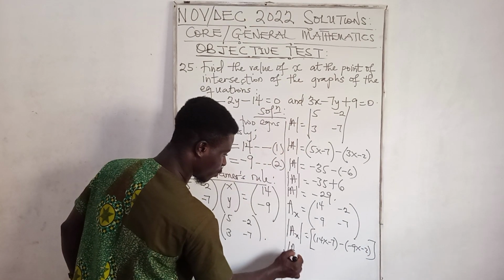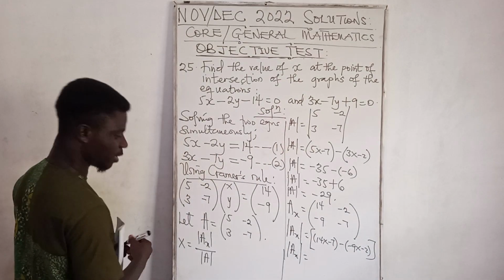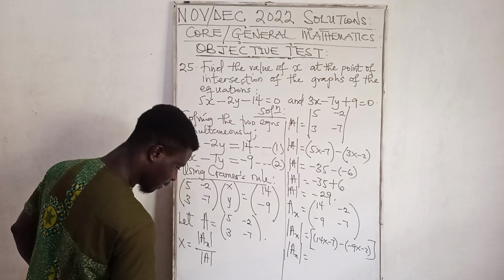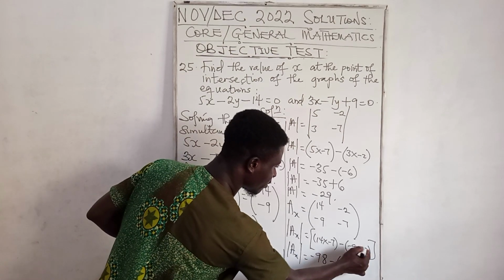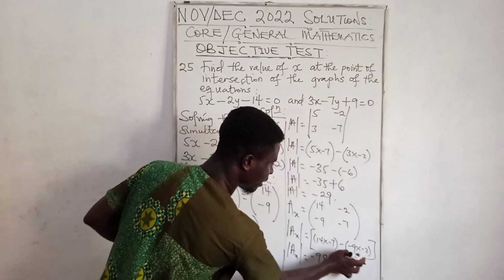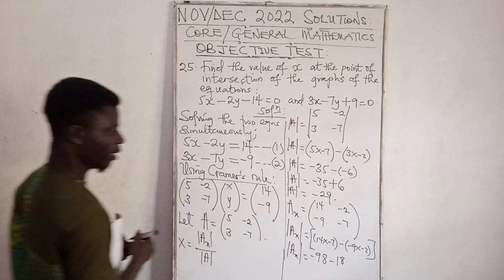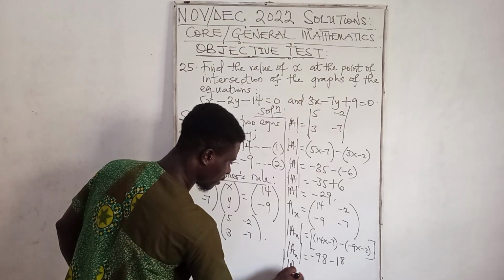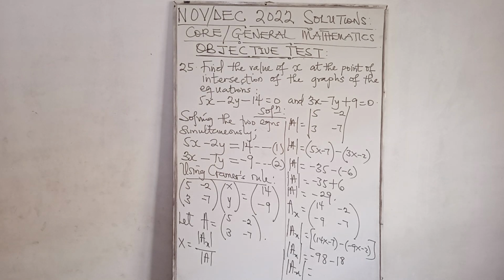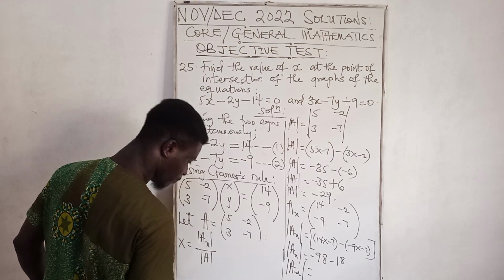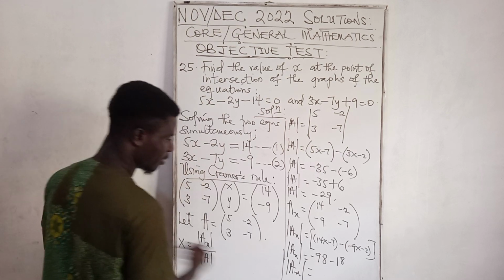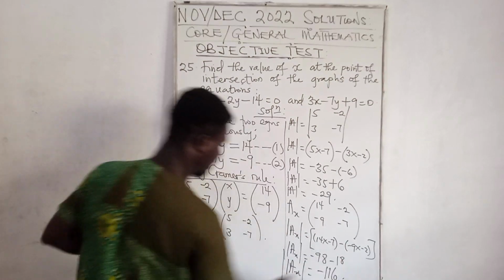So the determinant of Ax must be equal to 14 times negative 7, which gives us negative 98. Then minus, here I have it to be positive, because negative times negative is positive 18. So negative 98 minus 18, when we add these, we are getting negative 116.